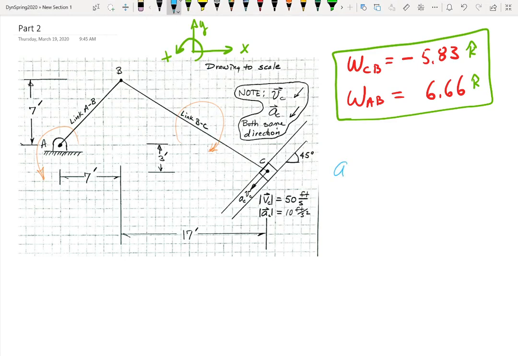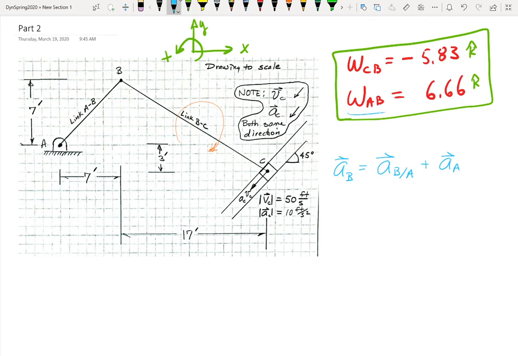We have the acceleration of B equals the acceleration of B relative to A plus the acceleration of A. Now let's focus on this step. What we're just focusing on is this link right here. As we focus in on this step, we do know this value.